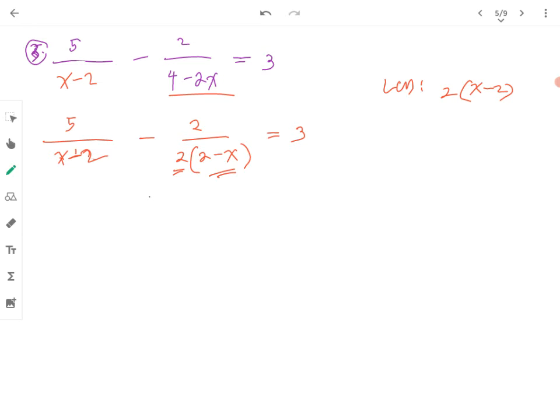So each of these terms will be multiplied by our LCD, 2 times x minus 2. Let's start.